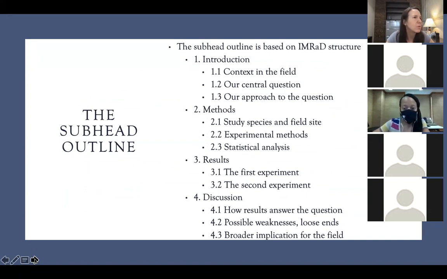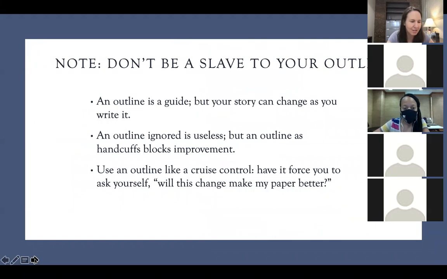Something that's important to remember about outlines is that an outline is a guide, but make sure that you are not just taking that as a rigid formula for writing your paper. Your story can change as you write it. So you need to go back to that mini summary and make sure you're making decisions based on the central question and answer that you're asking. I think I covered everything there. All right.